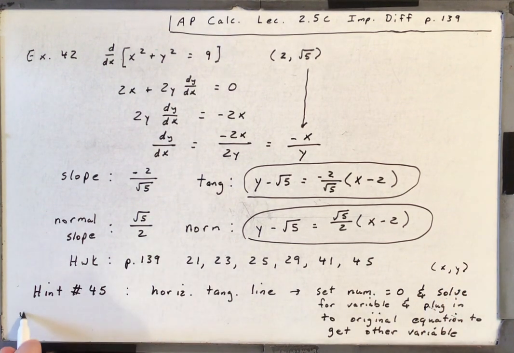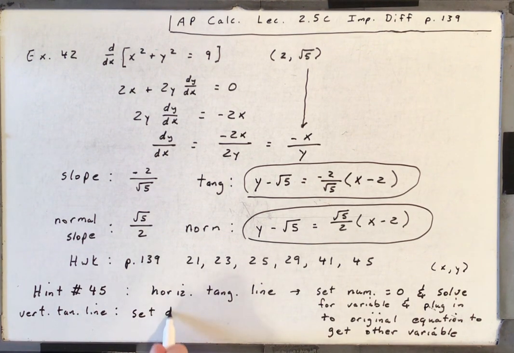So for the vertical tangent line, that's where you set the denominator equal to 0. The denominator will just have an x or a y in it, and you set that equal to 0. You solve, and then you plug back in just like you did for the horizontal tangent line to get the (x, y) value.